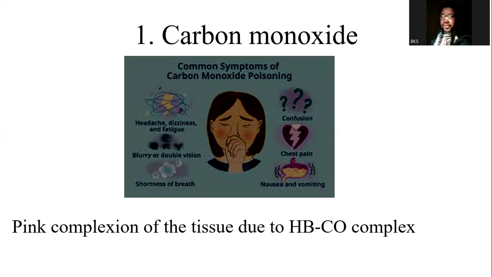Regarding carbon monoxide poisoning, the poisoning occurs because normally oxygen binds to hemoglobin in red blood cells. And we know red blood cells are involved in the transportation of oxygen to different parts of the body. So hemoglobin carries oxygen, becoming oxyhemoglobin, and transports it to different tissues. The tissues then use the oxygen to carry out the electron transport chain, which is cellular respiration, the process of energy production in the body.